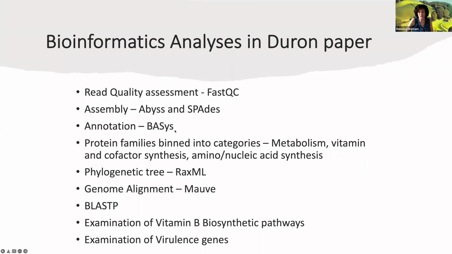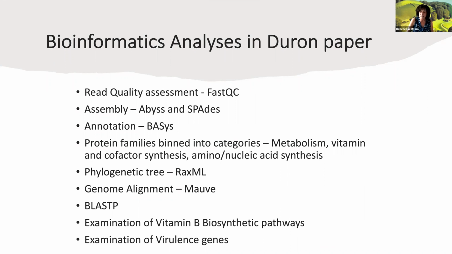They did an annotation of the genome that they got. They used BASIS, something I've never used before. They created their own protein families and binned those protein families into functional families that concentrated on metabolism, vitamin and cofactor synthesis, and amino acid and nucleic acid synthesis.